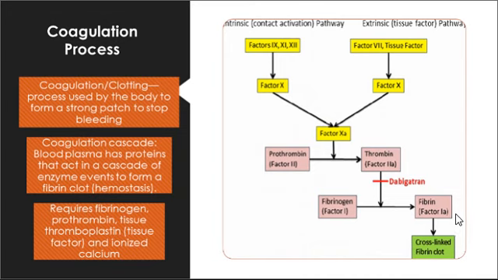Then you have fibrin, the insoluble protein end product of blood coagulation, formed from fibrinogen by the action of thrombin in the presence of calcium. The fibrin threads form a meshwork to make a blood clot, and then you have your fibrinolysis, which is a process the body uses to break down a clot.